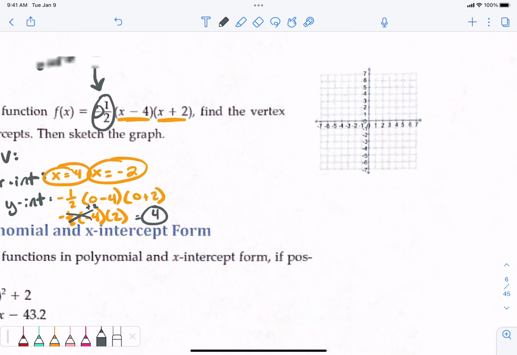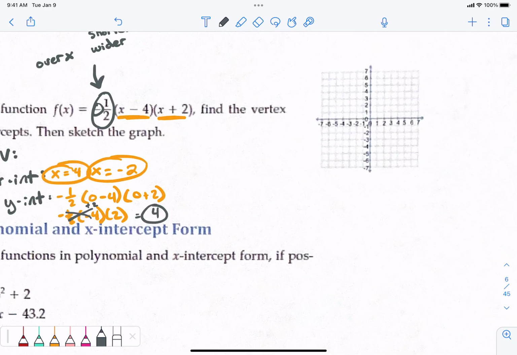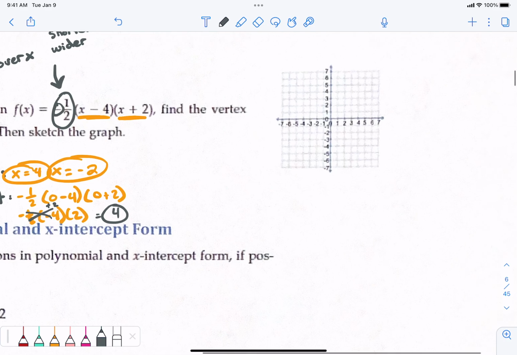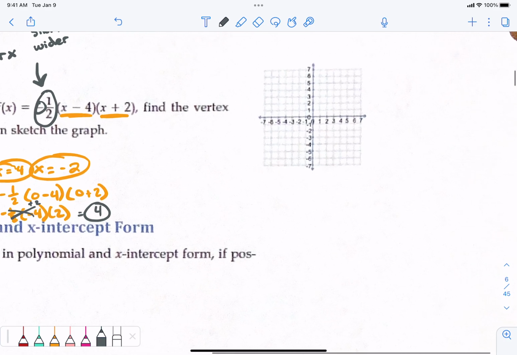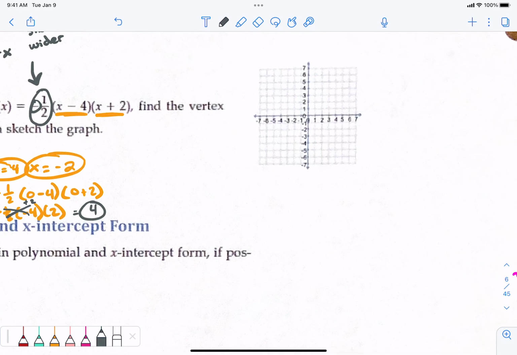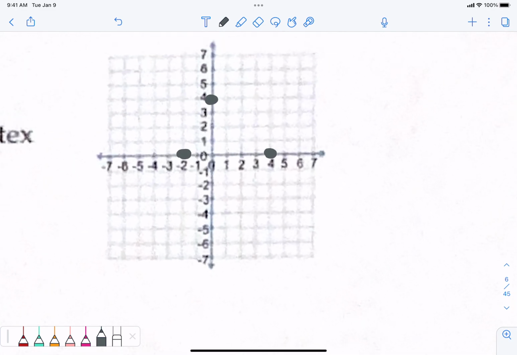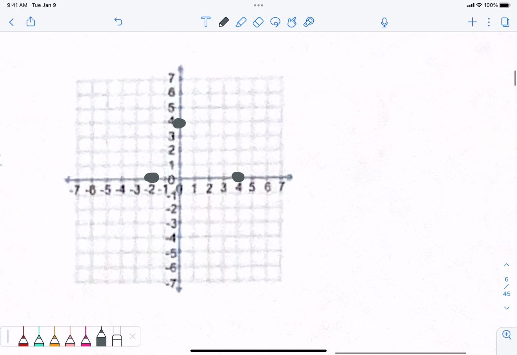Now, the vertex is going to be the hardest part, but it's really not that hard, okay? Ready? Let's plot the other two things that we know. 4 is this one, and negative 2 is this one. Those are my intercepts, right? And then positive 4 is my y, where it hits the y-axis, okay? Let's talk about the vertex.